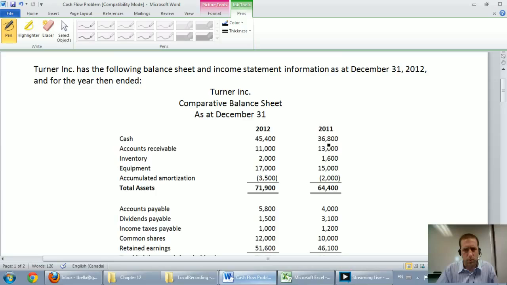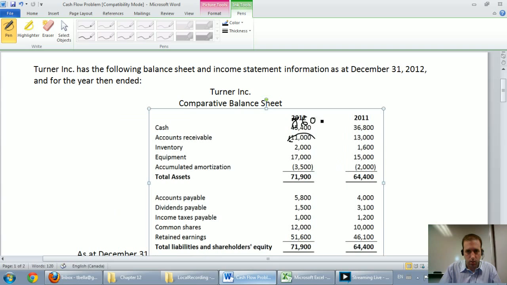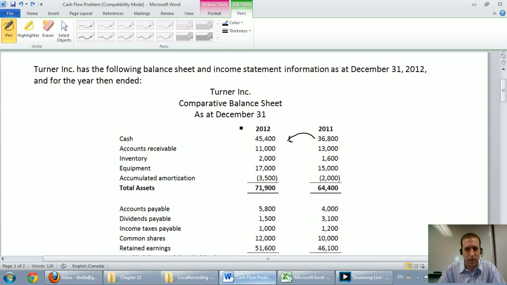Cash last year was 36,800. Cash this year, 45,400. Yes, from last year to this year, that looks to me like an $8,600 increase. Anyway, you can see that that's an $8,600 increase.